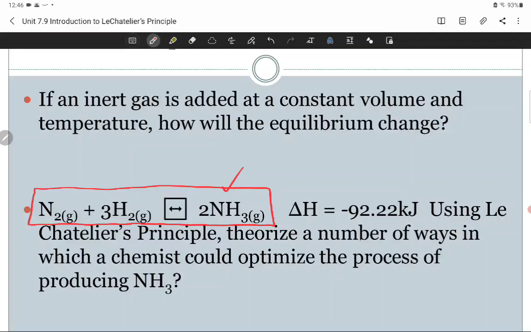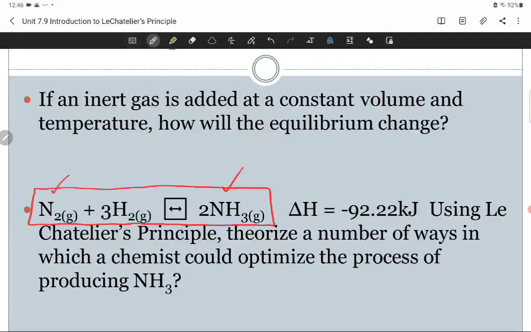It's actually difficult to make this occur because you have to break the bond between the 2 nitrogens. That's a triple bond, and it's a very stable bond. It's very strong, so it takes a lot of energy to do that.